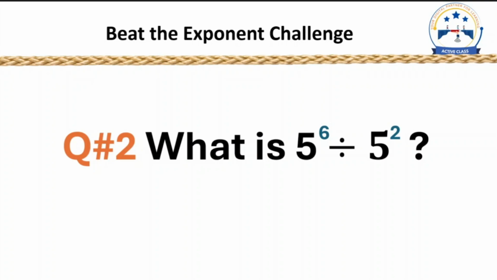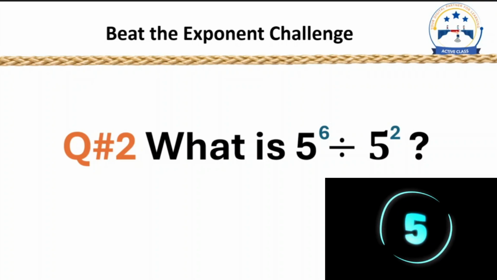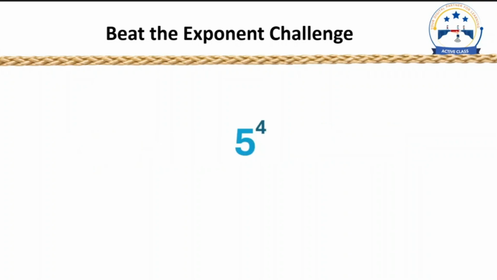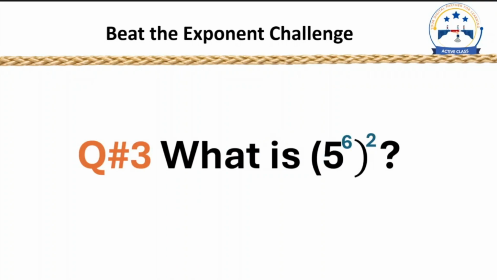Second question. What is 5 to the power 6 divided by 5 to the power 2? The correct answer is 5 to the power 4. Third question. What is 5 to the power 6 raised to the power 2?